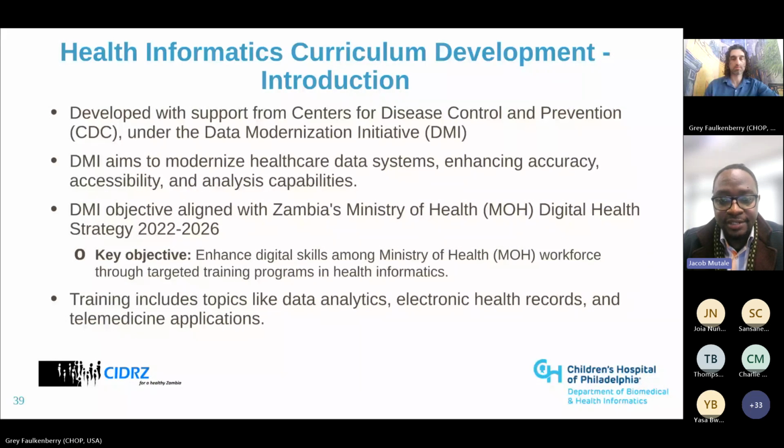So our journey started from the development of a health informatics competency framework. This was followed by a needs assessment, which my colleague will speak about, and an ICT organizational assessment. We conducted several workshops and also conducted an exchange visit with the University of KwaZulu-Natal to benchmark our curriculum against their medical informatics program.